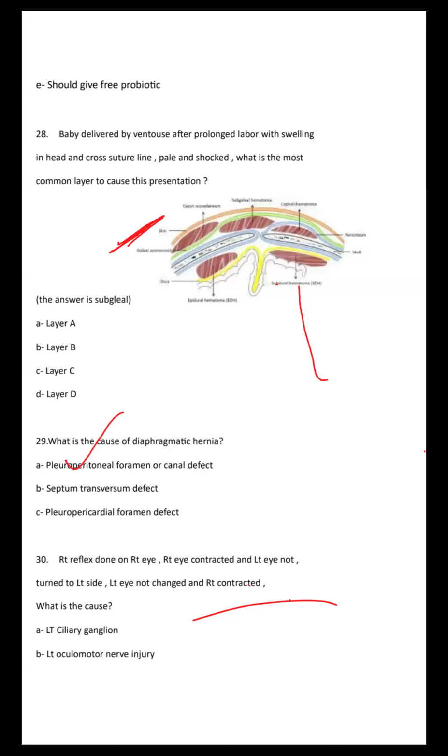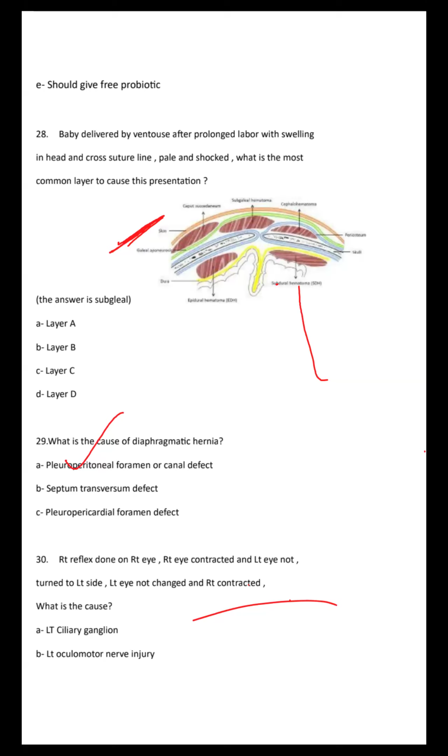Now look at the question. Light reflex done on the right eye: the right eye contracted but the left eye did not contract. What is the problem over here? The problem is that the left eye is not contracted.